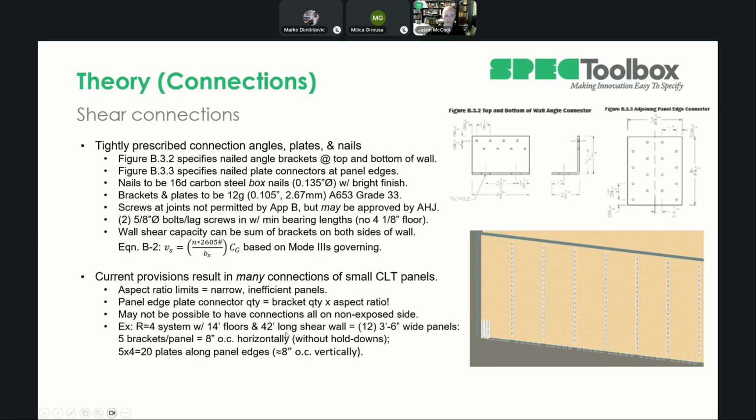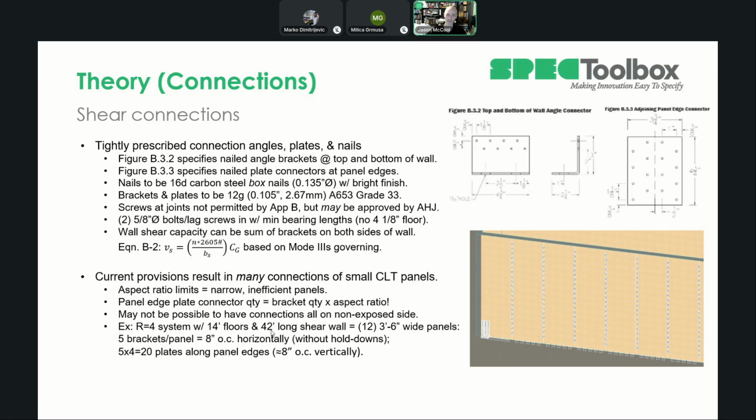So just looking at a typical example, if I had a 42-foot long shear wall, otherwise I could do like 4 panels, I'm sorry, 10.5 foot panels. But now I'm looking at 12 3.5 foot wide panels, and then I've got 5 brackets per panel. That's 8 inches on center. I've got 20 plates going up the vertical joints here.